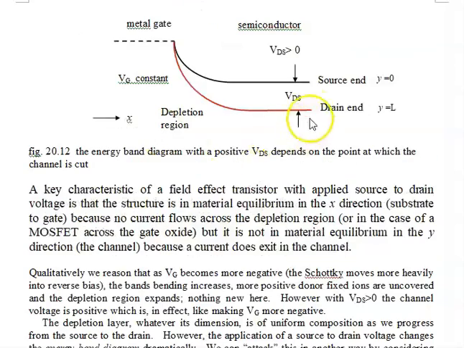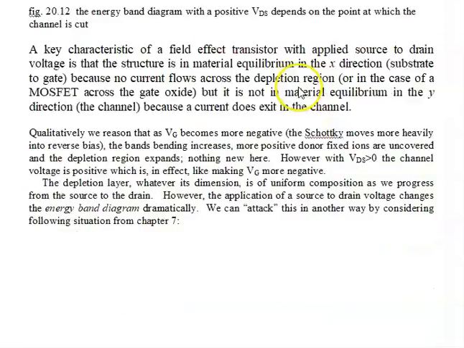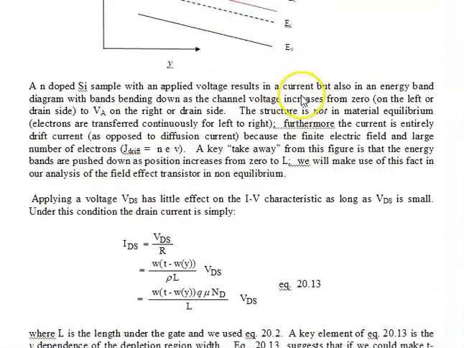So that's why we have more band bending at the drain end than we have at the source end. So that's just a different way of looking at this concept. Okay, the energy band diagrams are pushed down as we increase in y from 0 to L, in other words, from source to drain.